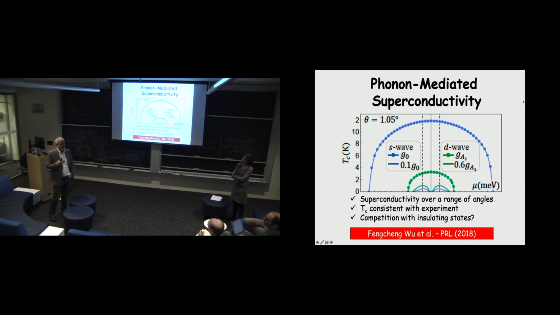The graphene optical phonons have energies of, let's say, more than 50 millielectron volts. The bandwidth of these electronic flat bands is around 10 millielectron volts. That means the phonon-mediated attractive interaction between electrons is essentially instantaneous in these systems.